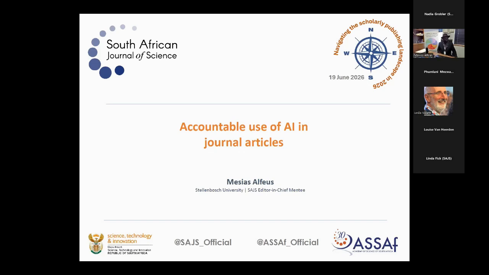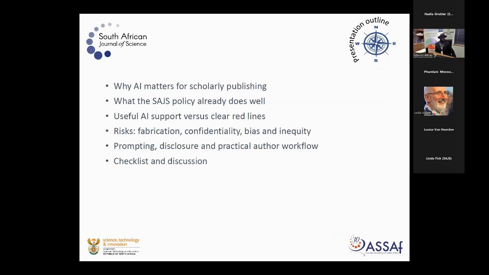So first of all, the agenda of my talk is why AI matters for scholarly publishing, especially in 2026, and what the South African Journal of Science has already put in place, especially with the policy, and how the Journal is doing well with regards to AI policy, and the useful AI tool support versus the red flags on what you shouldn't do.